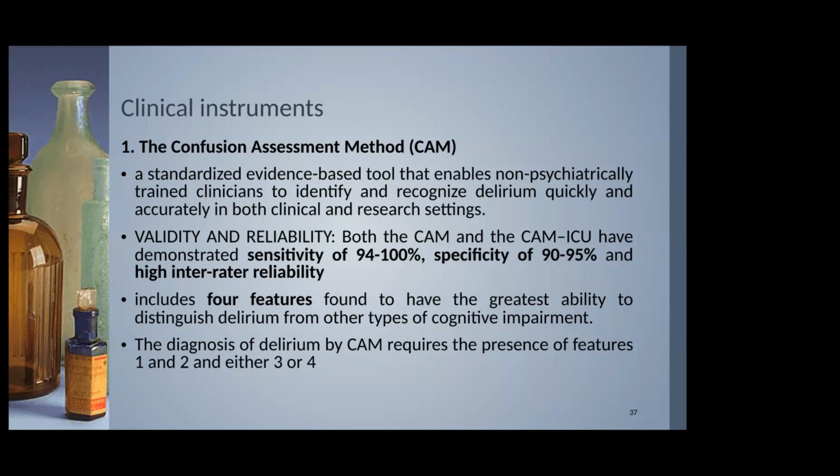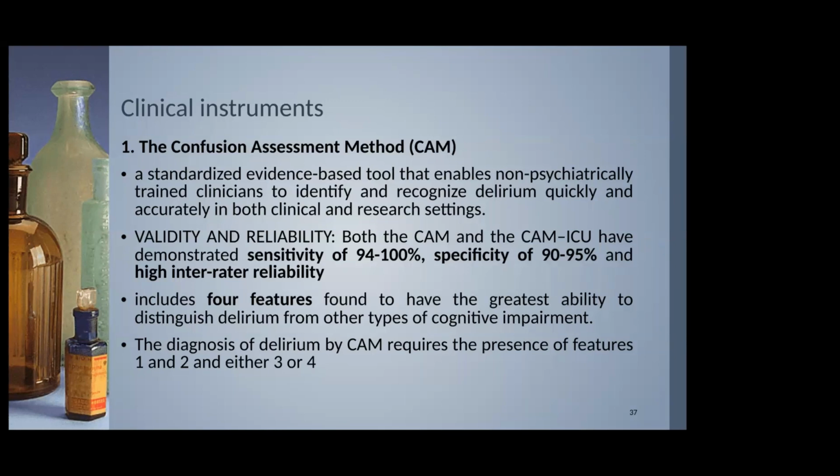There are two versions of this, the Confusion Assessment Method and the ICU version, CAM-ICU. They have a high sensitivity, 94 to 100%, and specificity of 90 to 95%, and they also have high inter-rater reliability.